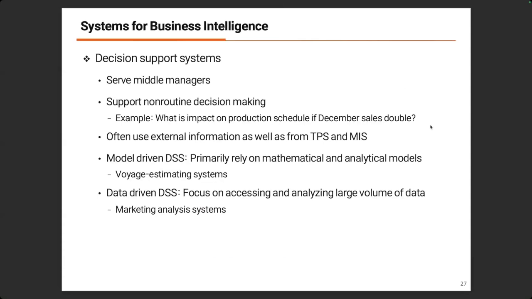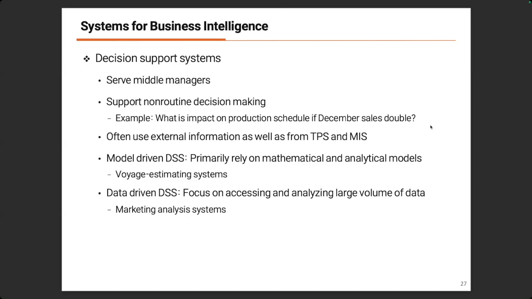So the managers use decision support systems. Decision support systems mainly serve middle management, and they support more non-routine decision-making problems. So a solution may not be fully predefined in advance.